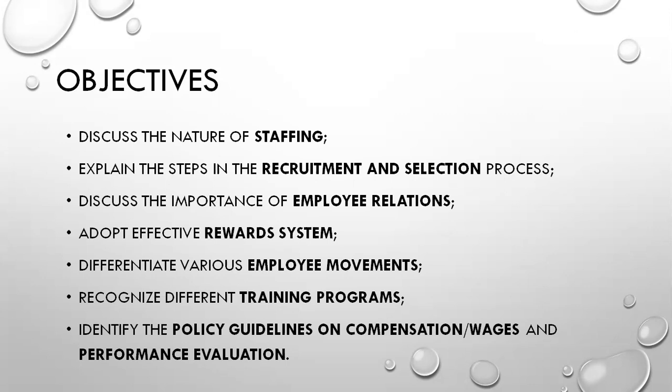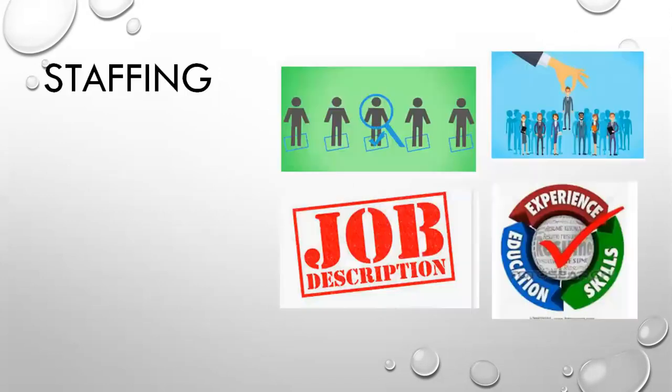And then right after that we move to staffing. So this is specifically choosing the right people to do the divided or categorized activities so that you will be able to achieve the goals and objectives of the business.